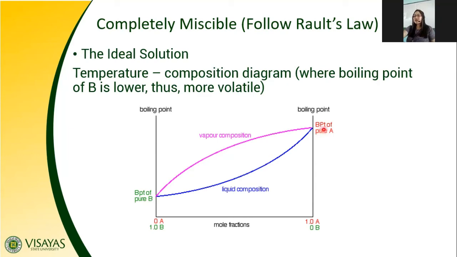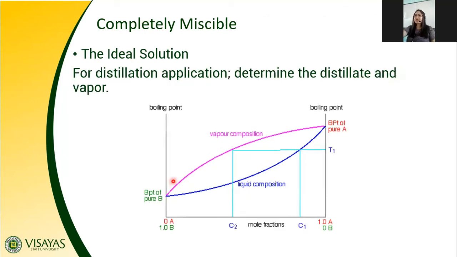As you can see in the diagram, you have component A and component B. Component A has a higher boiling point, so it has less volatility. It is less volatile compared to component B, which has a lower boiling point and is more volatile than component A. This ideal solution, or this phase diagram, can be applied.